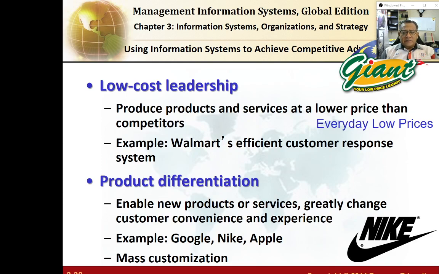So these are product differentiations offered by Nike, Apple, and Google. In that way, they need IT infrastructure in order to execute how to differentiate their product in comparison to the other competitor products. Of course, Nike will be different in comparison to other brands like Puma or New Balance and so on, because of their offering. So they want to look different.